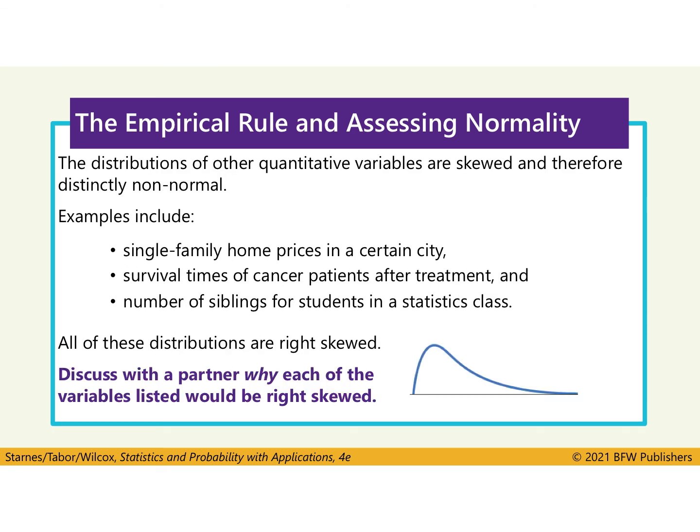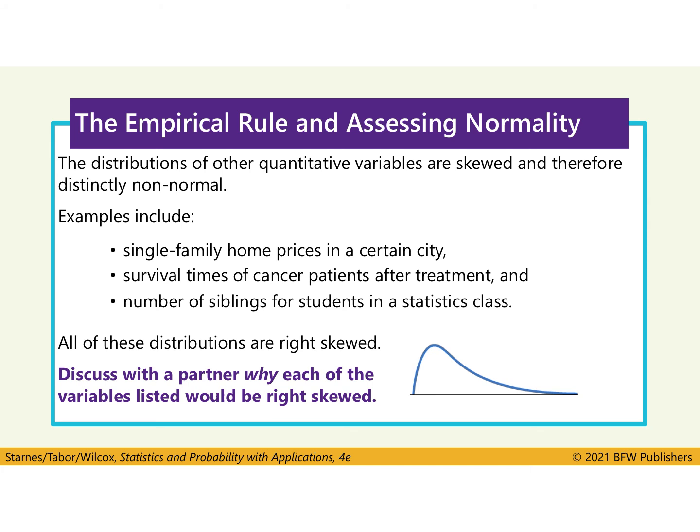Some other quantities are more skewed and therefore not normal, and we can't use the empirical rule for them. Prices of single-family homes in any city are going to be skewed to the right because you have houses that are about the same range, but then you always have those outliers that are huge and expensive.